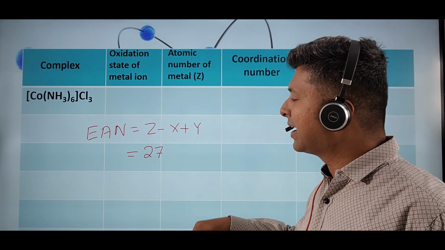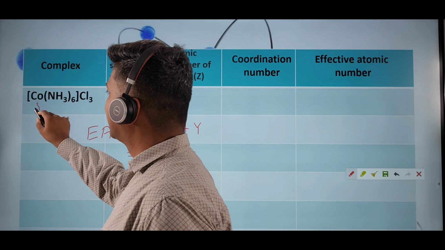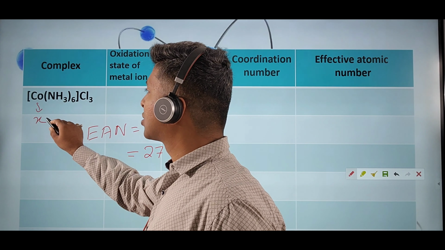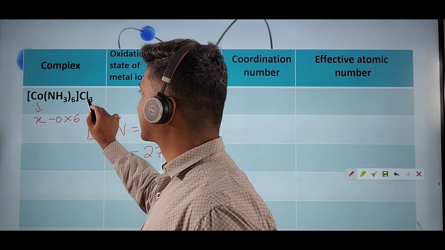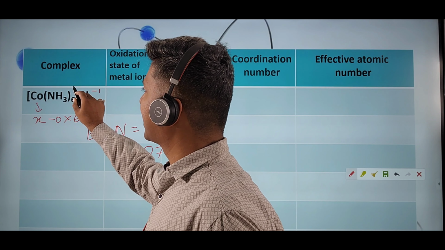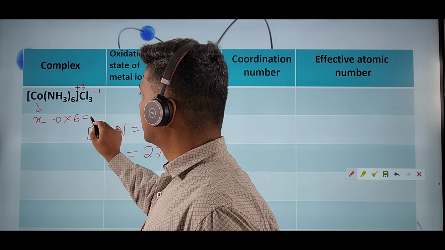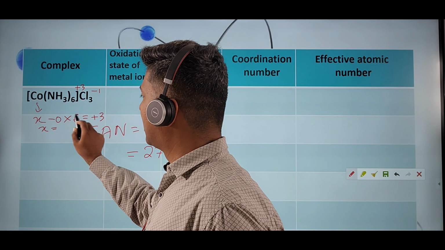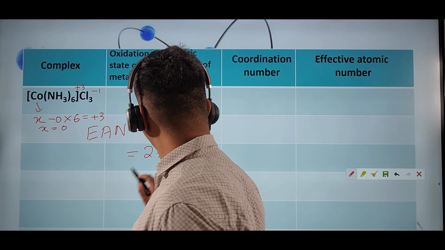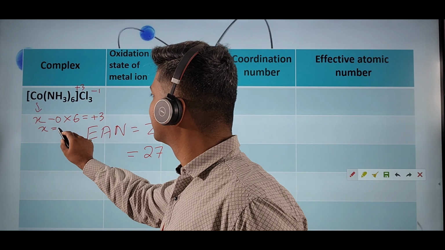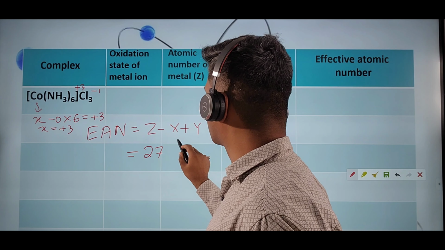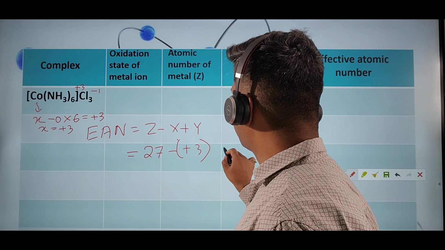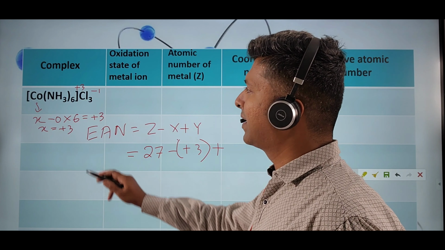Then how many electrons is it losing, that we'll have to calculate. Let us take cobalt as X. NH3 is a neutral ligand, mind you, so its charge is 0. 0 into 6, and Cl is -1 into 3, which is -3, so the complex ion will have a +3 charge. So X minus 0 into 6 is 0, equal to +3, so the charge on cobalt is +3. Here I will write 27 minus 3 plus Y, where Y is the number of electrons gained.